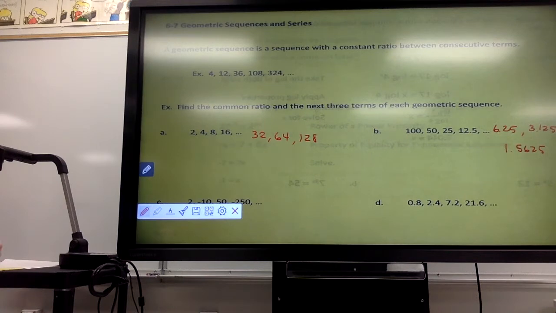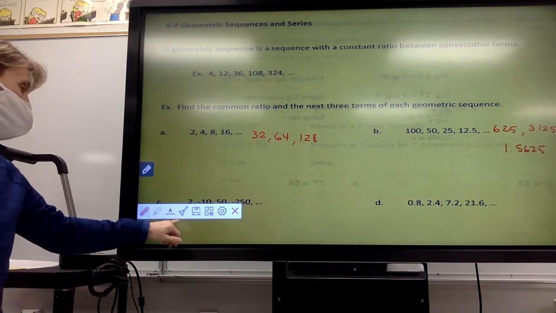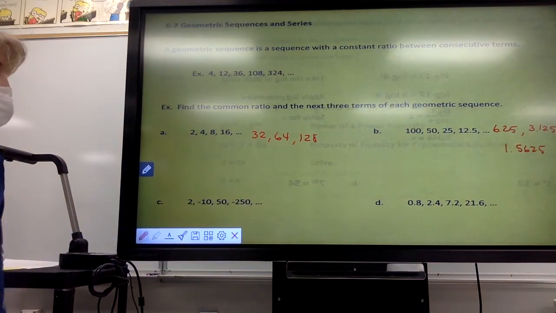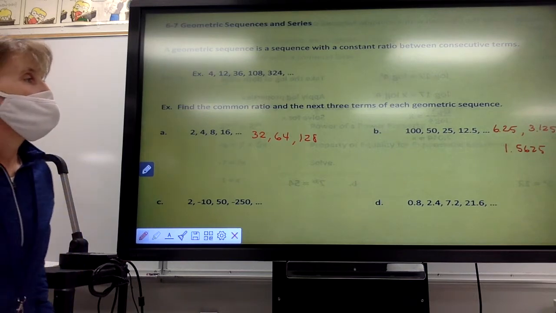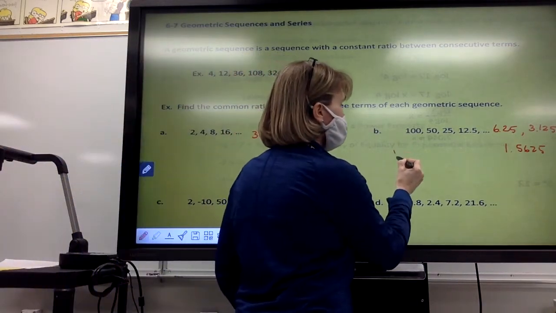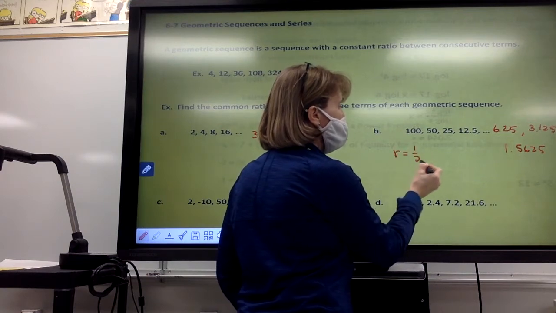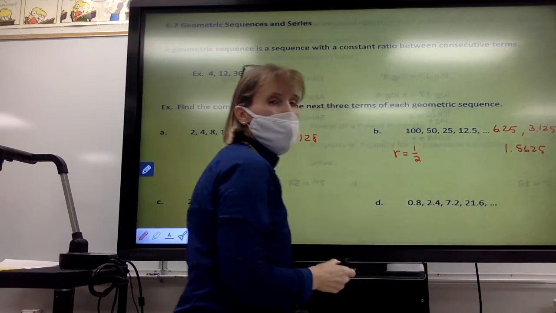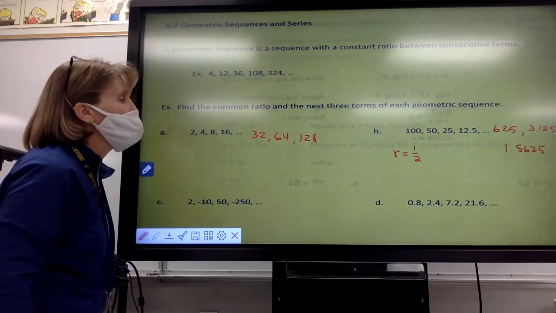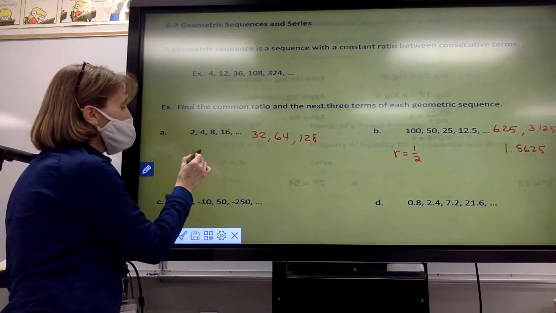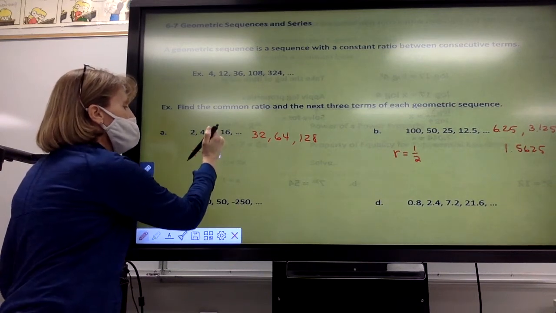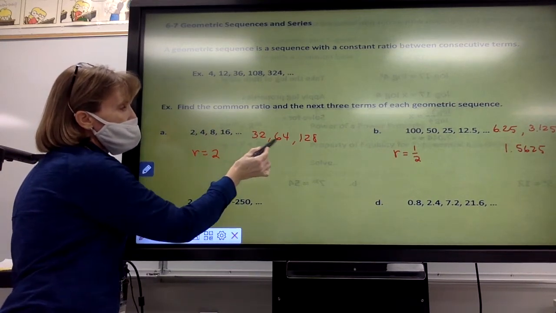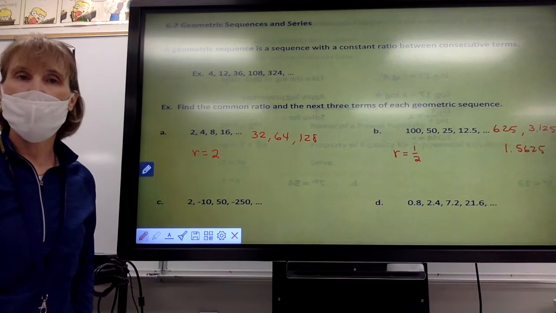We'd have to keep using decimals there. So the common ratio, which is usually called r, would be 1/2, and these would be the next 3 values in the sequence. The common ratio over in A would be 2, sorry, and the next 3 values in the sequence would be 32, 64, and 128.